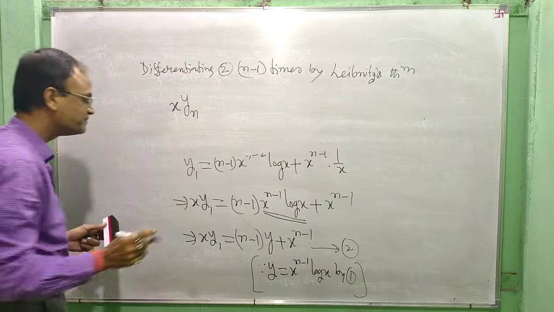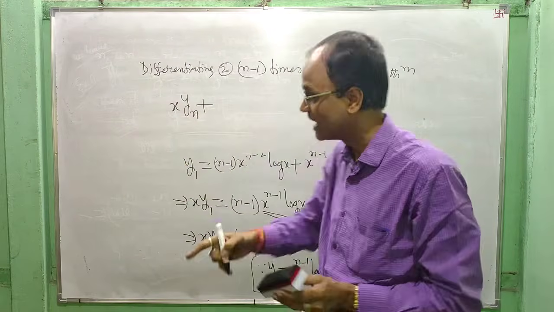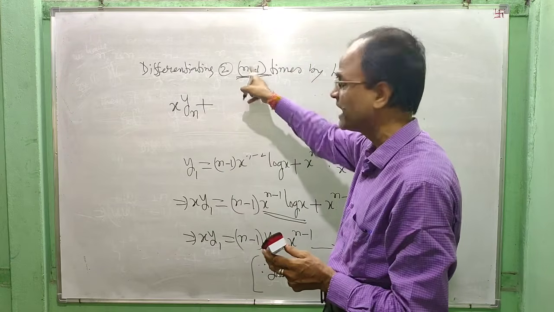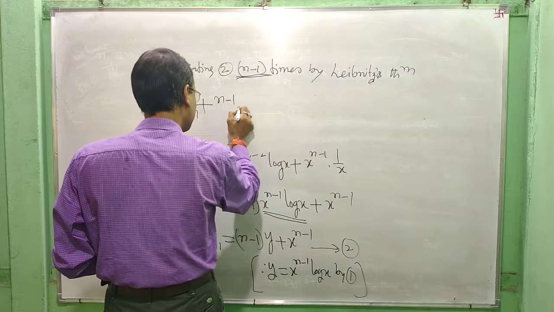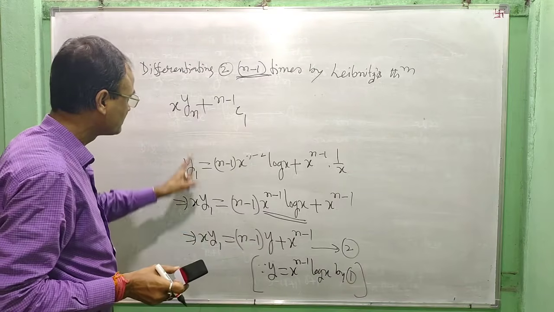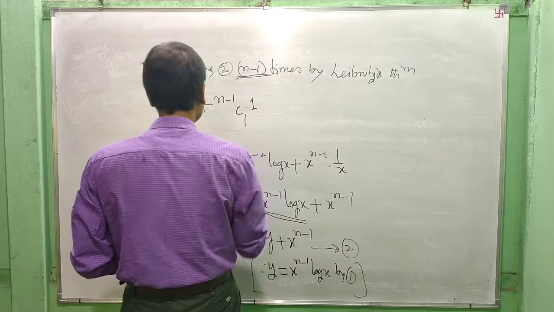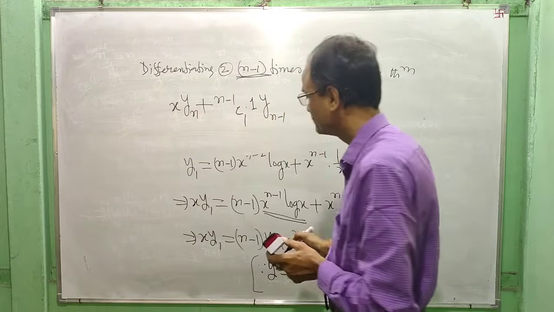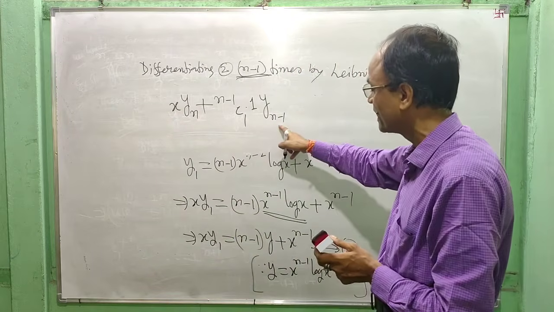Plus nc1, and since we are differentiating n minus 1 times, it is n minus 1 c1. v1 means differentiating x one time, which is 1, and y1 differentiated n minus 2 times will be yn minus 1.